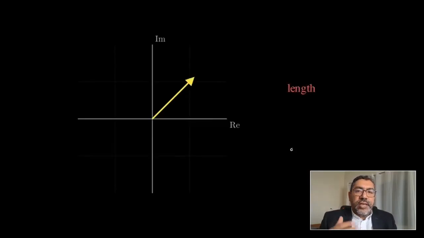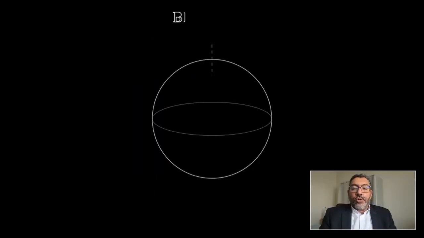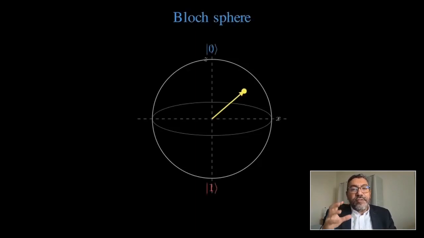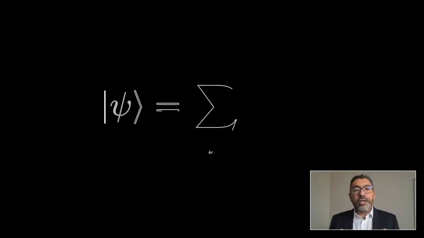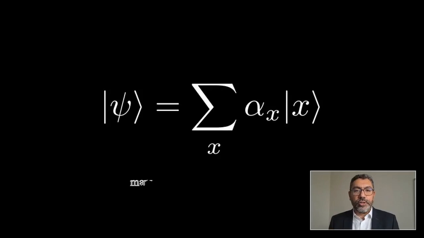Complex numbers give amplitudes both size and phase. For 1 qubit, normalization and relative phase allow us to draw the state on the Bloch sphere.